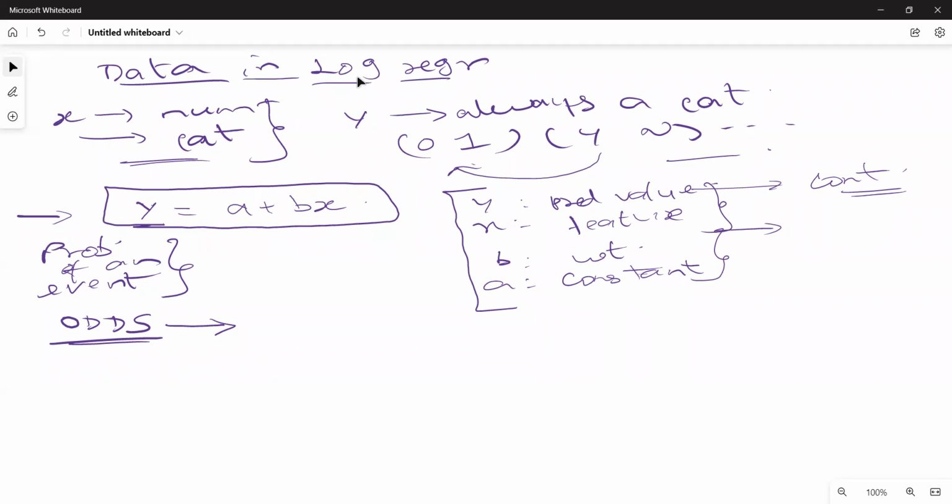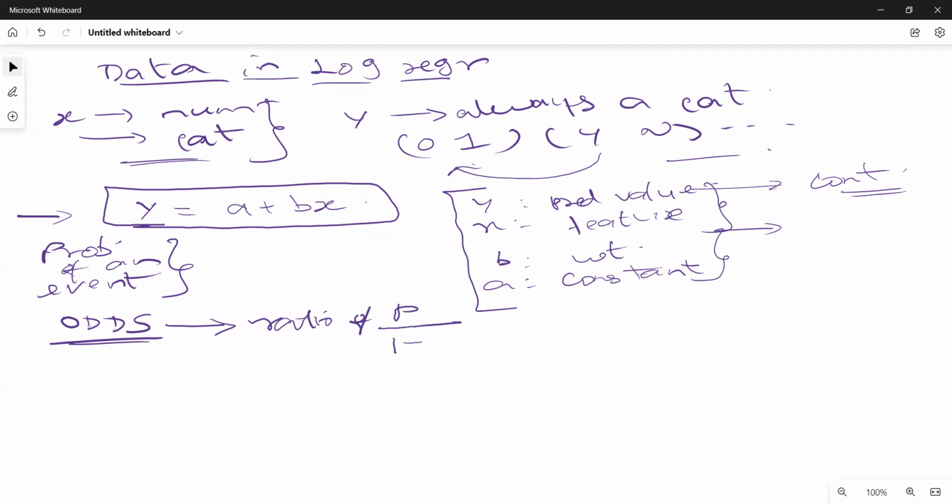Was this topic covered? The probability that event occur or not. Event occurred or not. Okay, close. So odds is a ratio. Okay, it is a ratio of an event occurring divided by event not occurring.